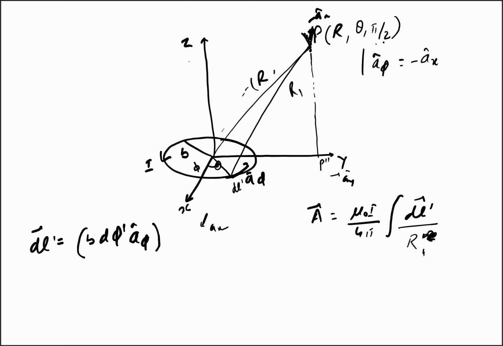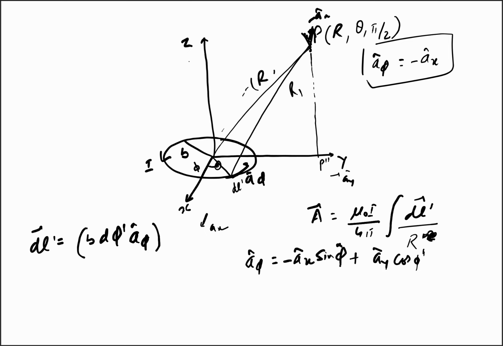Here a phi is equal to minus ax, but at this place a phi is actually equal to minus ax sin phi plus ay cos phi. So you see, if I put phi is equal to pi by 2, then you can clearly see a phi is equal to minus ax. So for this, we are sure that it is minus ax. But here, a phi is this.